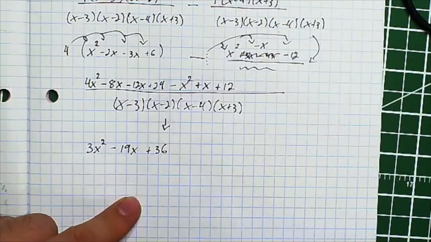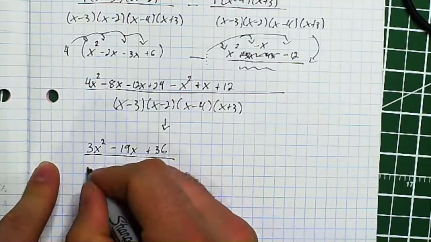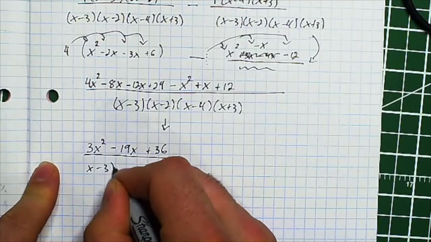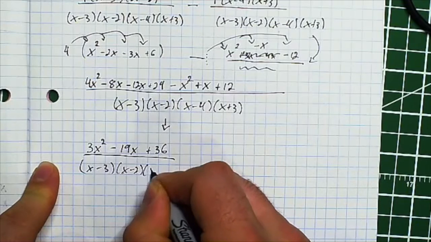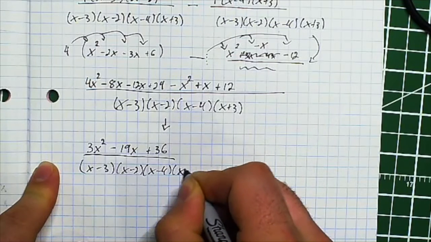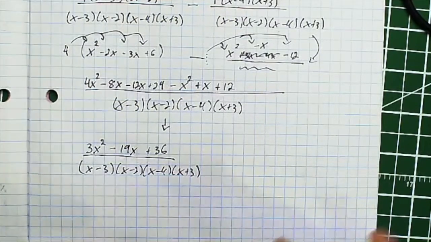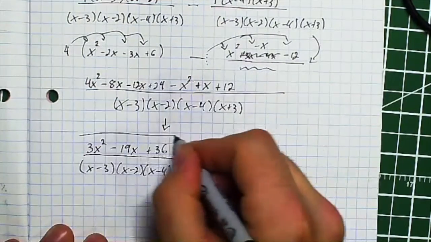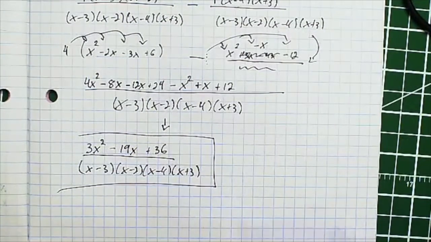And we have positive 24 and positive 12 turns into positive 36. And this is all over top of x minus 3 times x minus 2, x minus 4 times x plus 3. And believe it or not, that is actually a final answer.